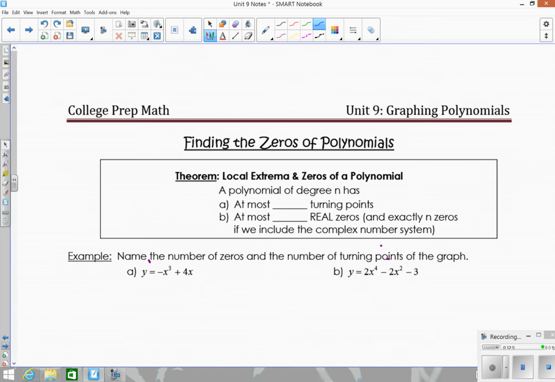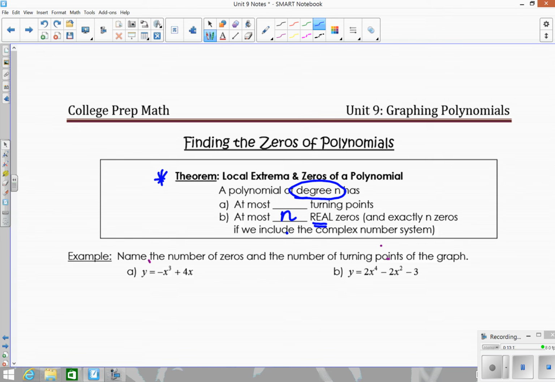And then the last thing we want to look at is just that theorem. I've been talking about this, but whenever we have a polynomial, whatever the degree of the polynomial is, so remember the highest exponent, that means that if we have a degree 4 polynomial, we would have at most 4 real zeros. So at most, I'm going to put n in here because n is the degree.